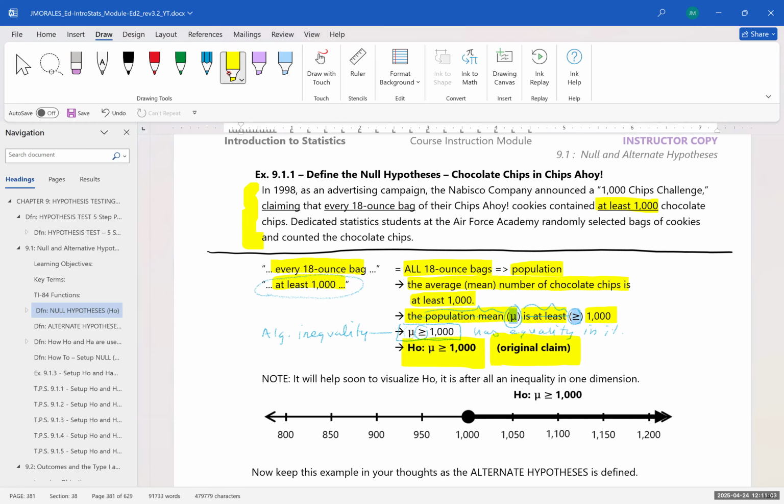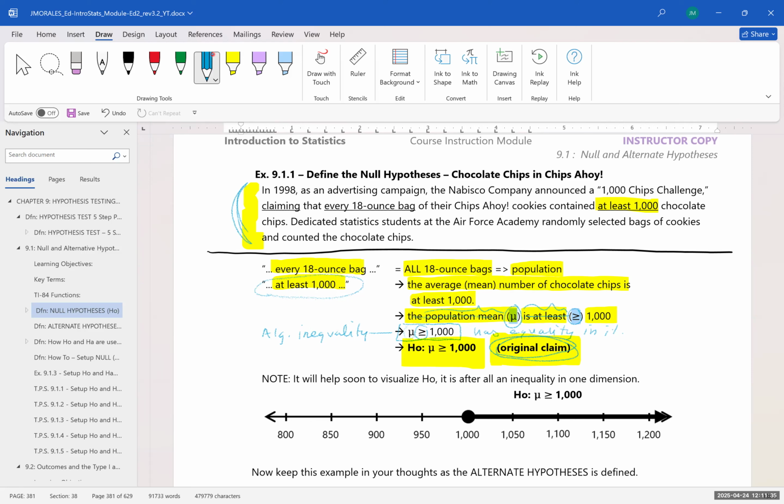Because by labeling this as your original claim, you're going to refer to this at the very end of your hypothesis test in order to make your conclusion. If you don't keep track of this at the beginning, you'll get the answer wrong at the end. So don't forget to mark down whether the null hypothesis or the alternate hypothesis is your original claim in your problem.